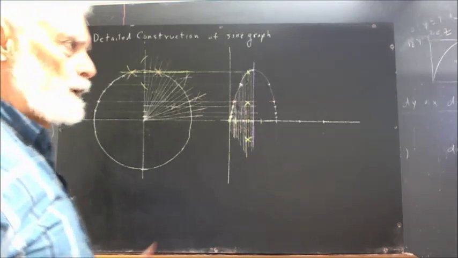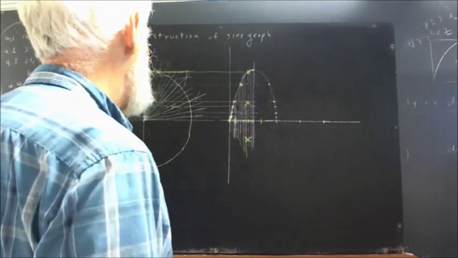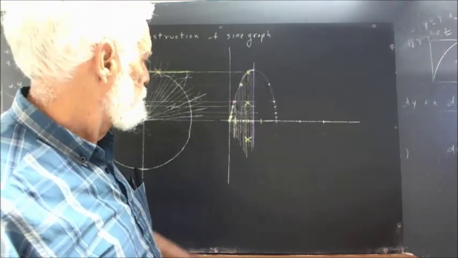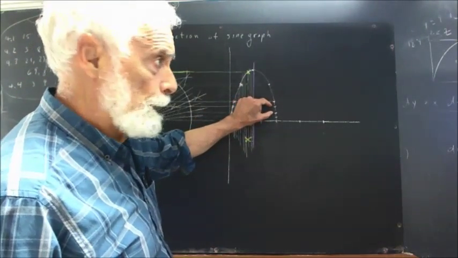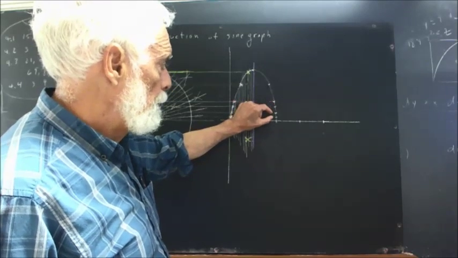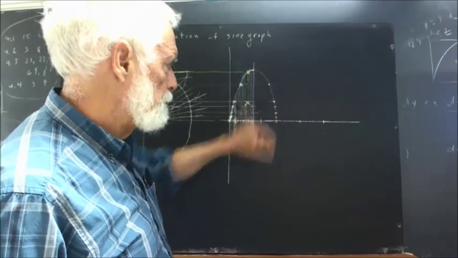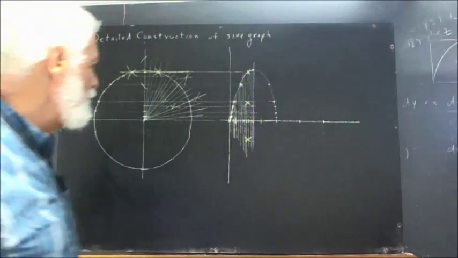Now let me point out one glaring shortcoming of the graph as I've constructed it. This distance between these points appears to be greater than the distance between these points, and the distance here seems to be greater than the distance here, and that is absolutely not what will occur.